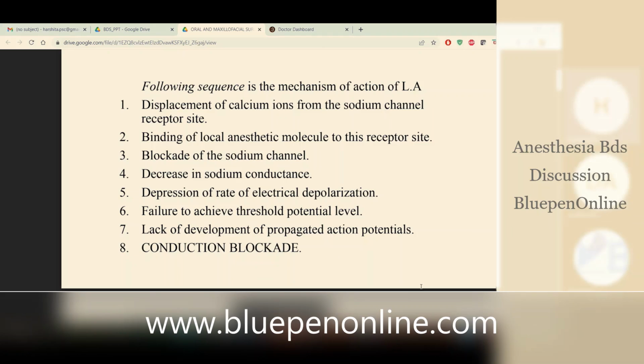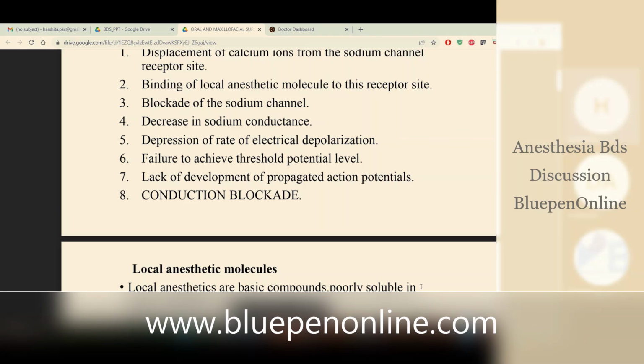Without achieving the threshold potential, there won't be any propagation of the action potentials, and that is why the conduction is blocked. That is how we have an anesthetic effect produced in that specific area where the anesthesia is given. So this is the complete sequence of how it acts. Okay, so clear about it?